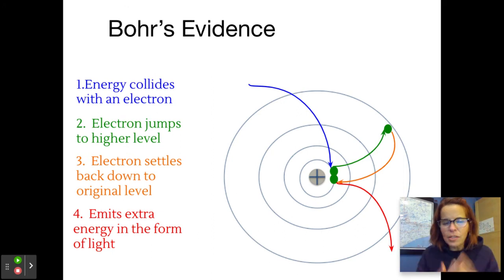Our eyeballs see that photon, and depending on how much energy that photon had, that determines how our eyeballs see that color. If the electron fell from here to here, it would produce one color. But if the electron moved from here to here, it would produce a different color and a different band on that spectrum. So that's where Bohr is coming up with this planetary model of atoms.